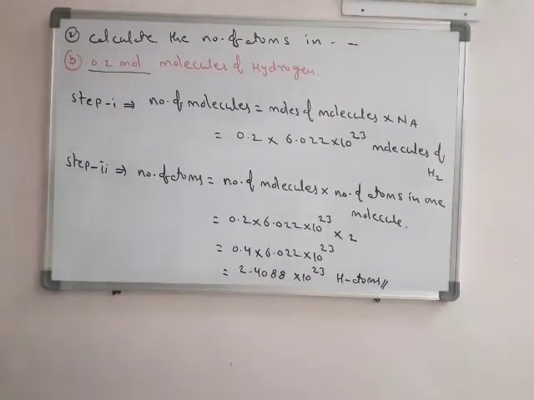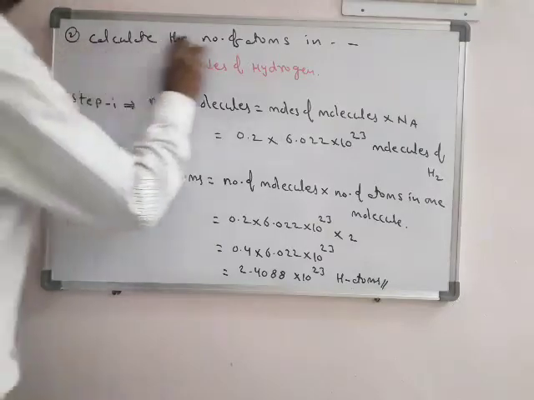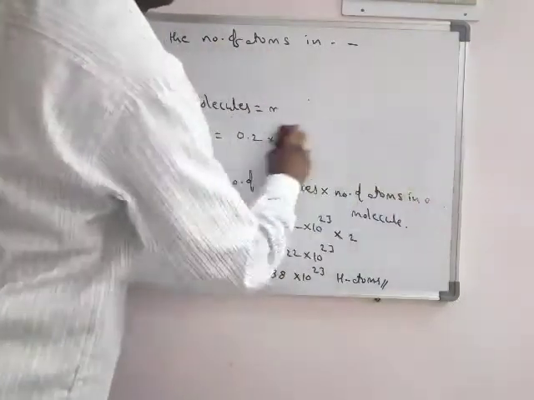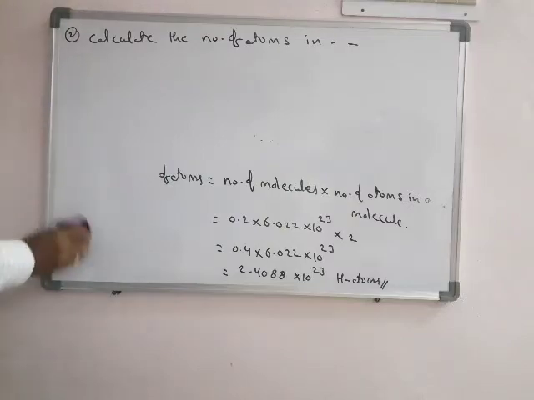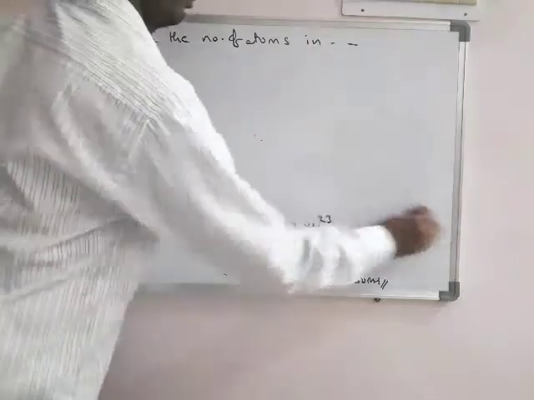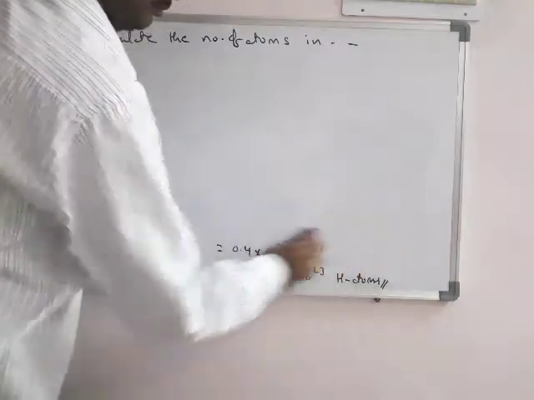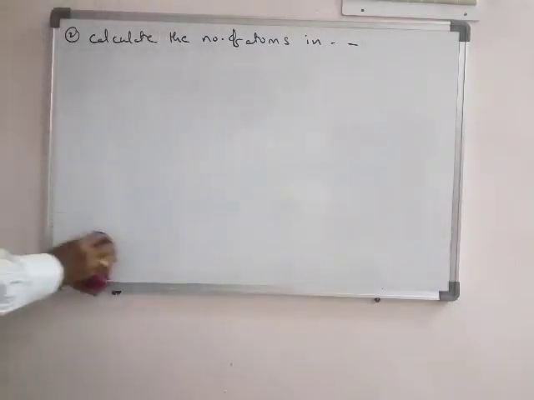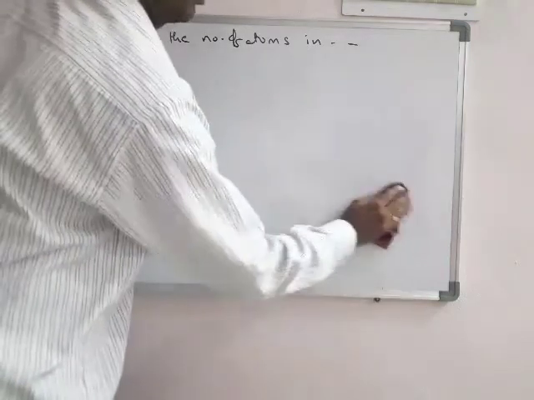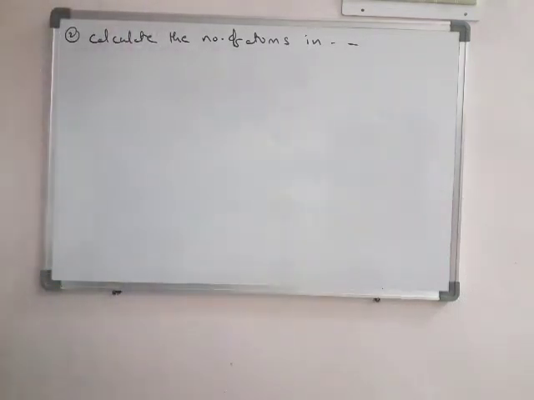Next, in the same problem, one more is given. Again, the calculation of number of atoms present in the given 3.2 grams of sulfur.